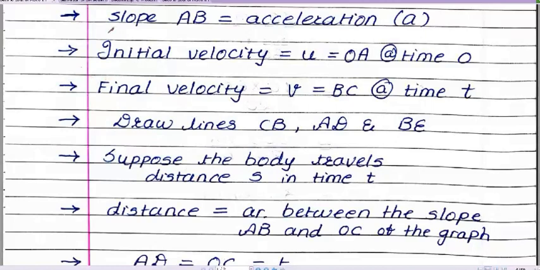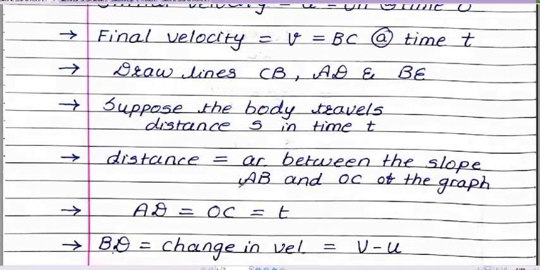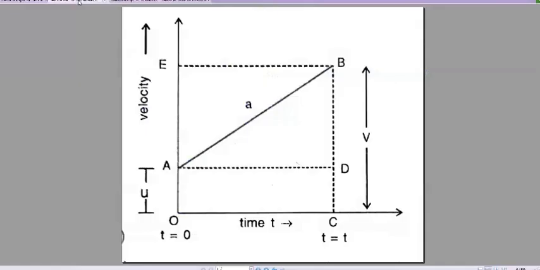Now, we know that distance is equal to the area between the slope AB and OC of the graph. So this area is this space actually. Which space? Between the slope AB, which is this, and time OC, which is this.